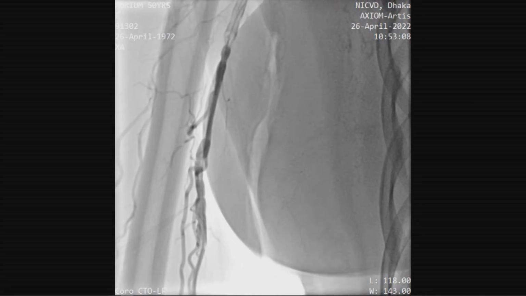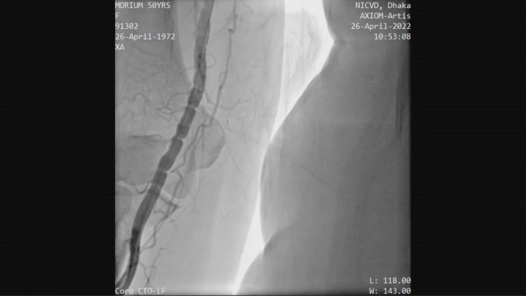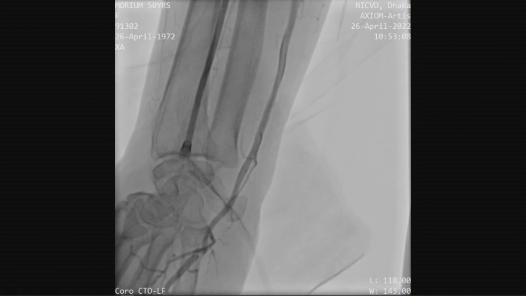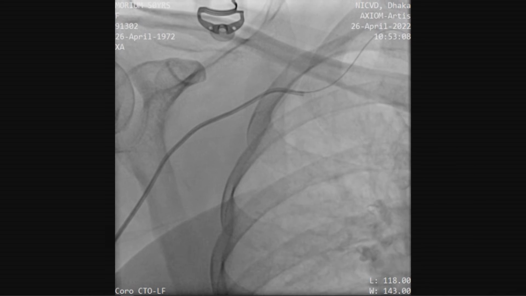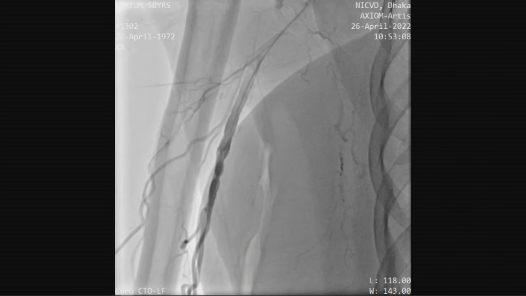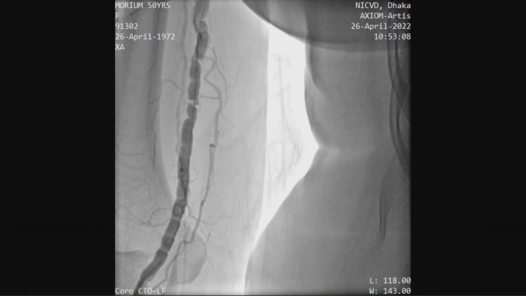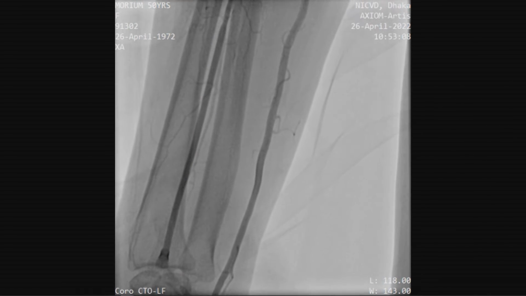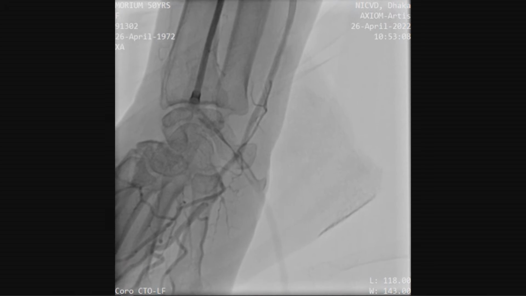Before coming back, we saw again there was a spasm. We gave antispasmodics like verapamil and GTN. Still there is spasm, but the pulse is regular with good volume. So we finished the angiogram.